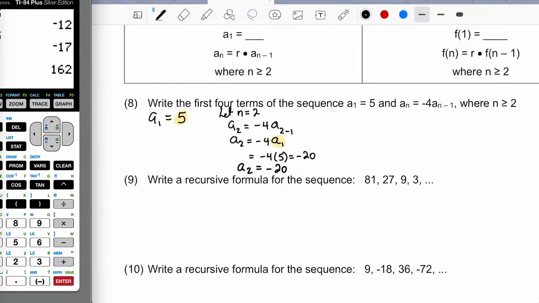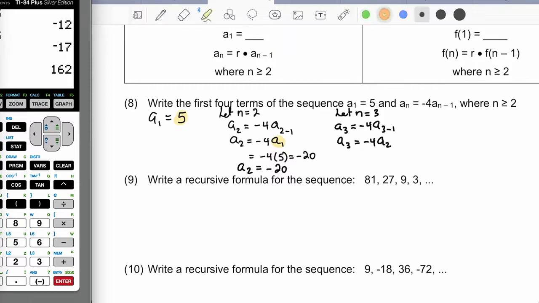All right. So if I needed the third term of the sequence, I got the first two, I could follow the same process. Let n equal 3. A sub 3 would be equal to negative 4 times a sub 3 minus 1, which is negative 4 times a sub 2.